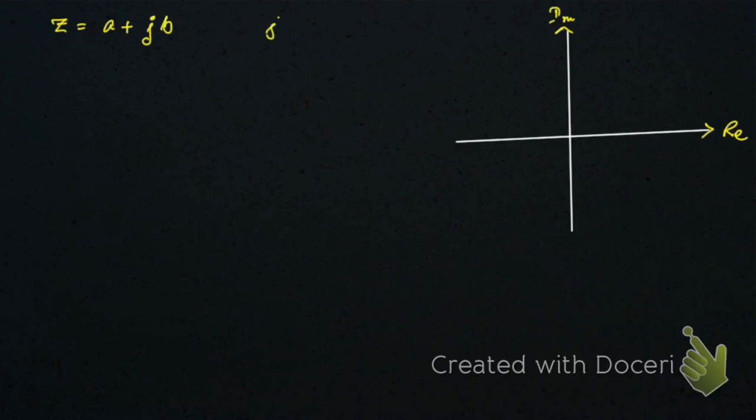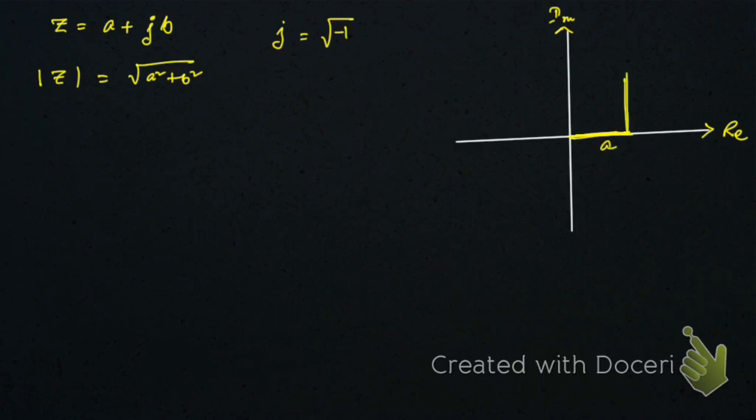So here j will be equal to root over minus 1. Then the magnitude of z, that means this complex number, is given by root over a squared plus b squared. If you plot here, this is a and this is b.